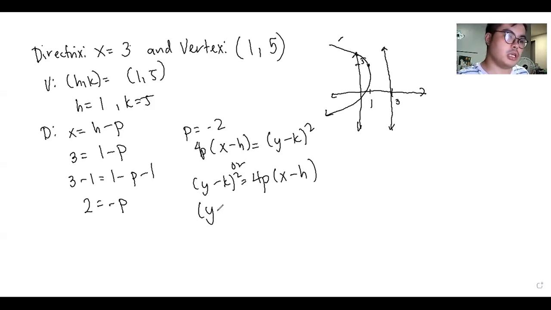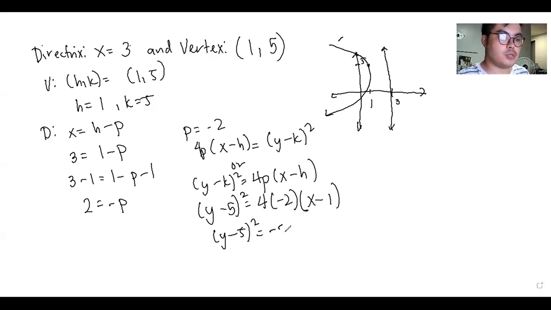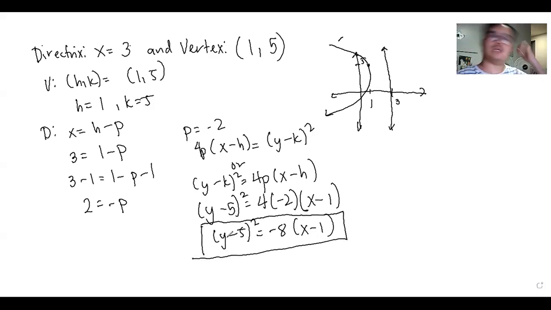So substituting, your k will be 5, then your p will be negative 2, then your h will become 1. Okay, so simplifying, so 4 times negative 2, it will become negative 8, then (x minus 1). So ito na po ang formula natin sa horizontal parabola given ang directrix and vertex natin.